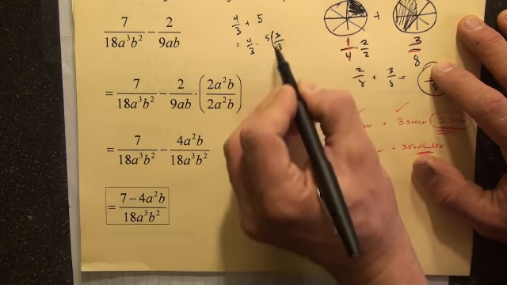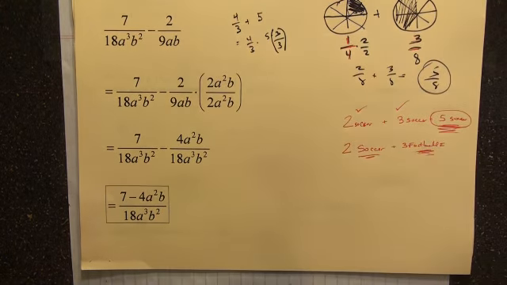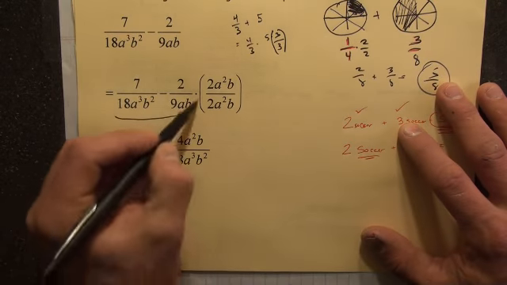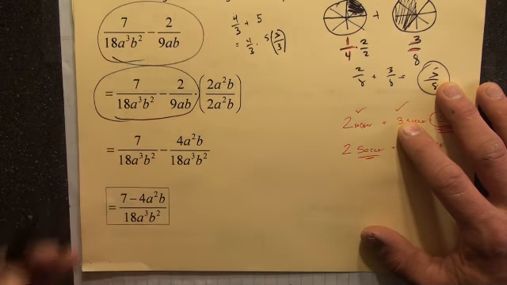What are you really multiplying by? You're multiplying by 1, which doesn't do anything. Multiplying by 1 does not change the problem. It just changes the way the problem looks.